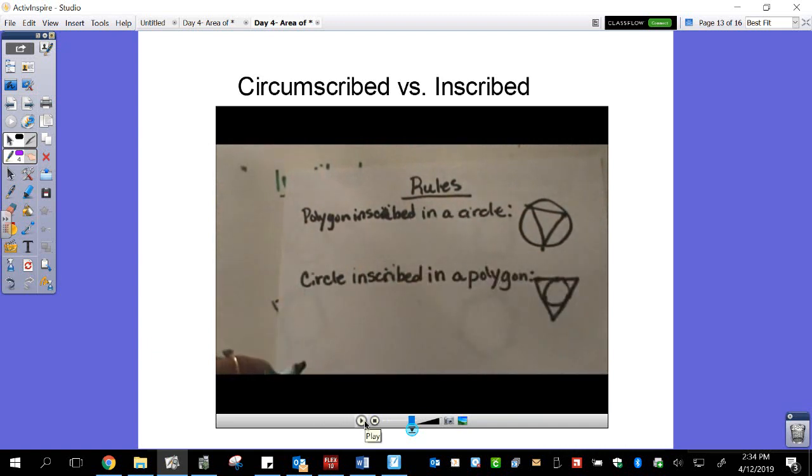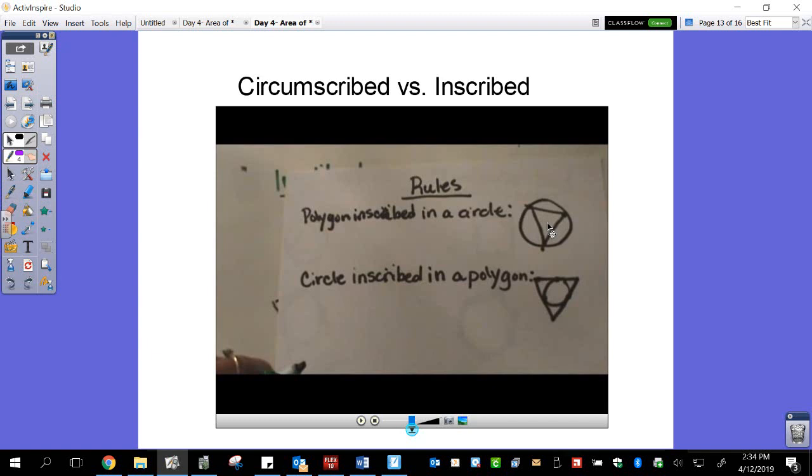Okay, I want you to pause real quick because I need to talk about your homework tonight. On your homework, one of the problems says it's inscribed, and the radius of the circle is whatever. If that's the case, can I write on this video? Let's find out. Then your radius would be, let me draw this picture myself.